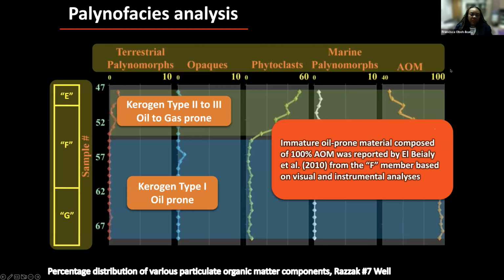And we were able to delineate 2 segments within these organic-rich sediments. At the bottom, we had what is associated with type 1 kerogen, which tends to be oil prone. And then at the top, were mostly phytoclasts. We didn't have much AOM, and types 2 to 3 are all gas prone.